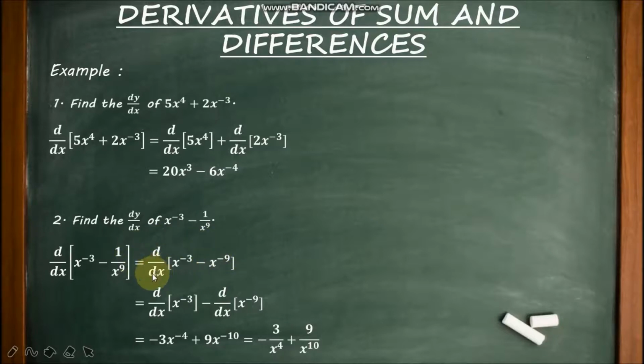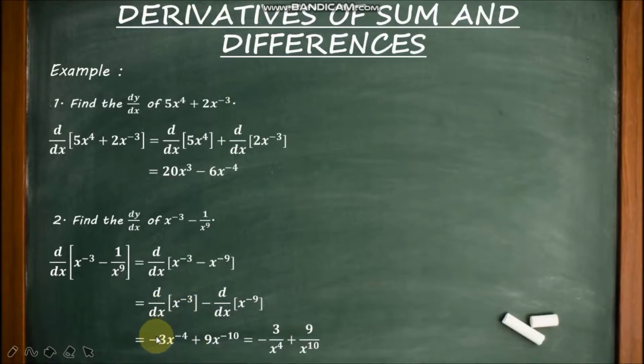Then we need to separate it into two parts, which is d dx of bracket x to the power of negative 3 bracket minus d dx of bracket x to the power of negative 9 bracket. Then after we separate it, we can undergo the differentiation.